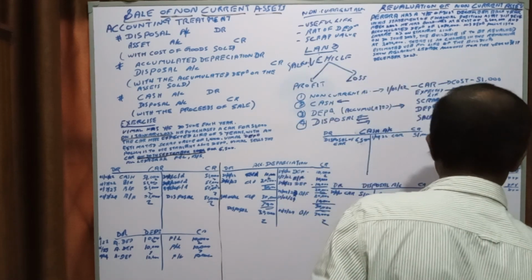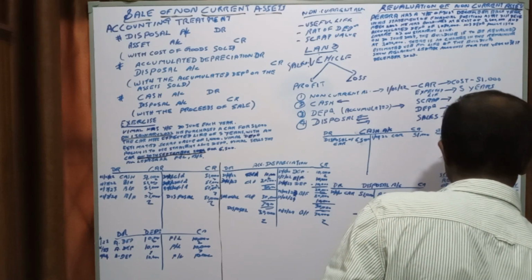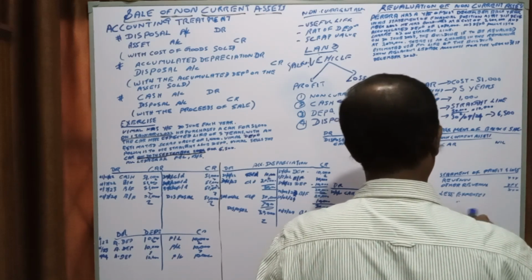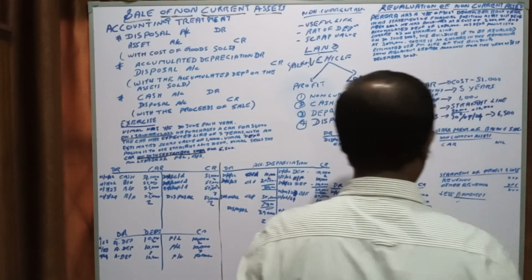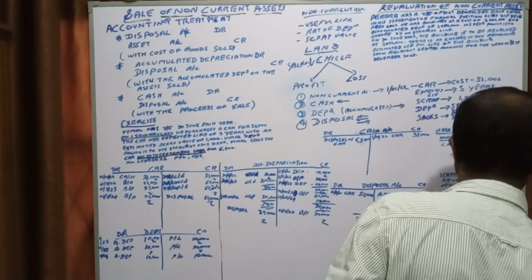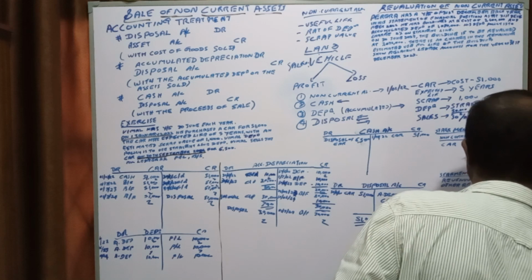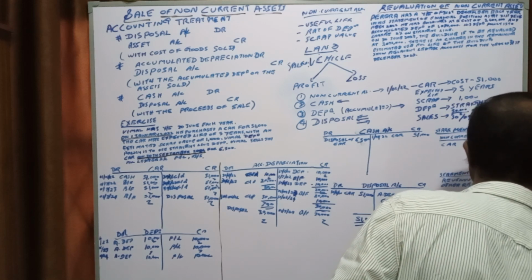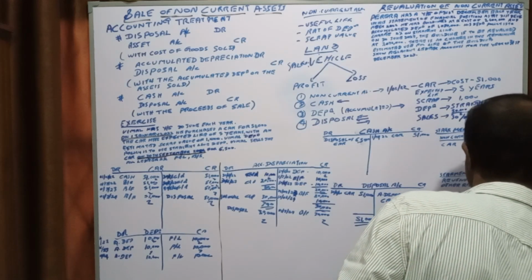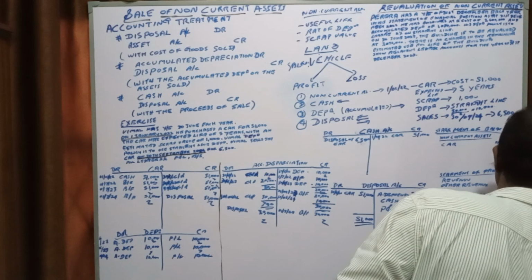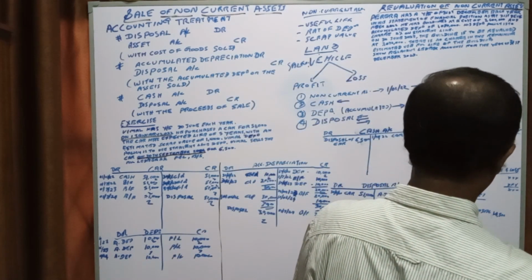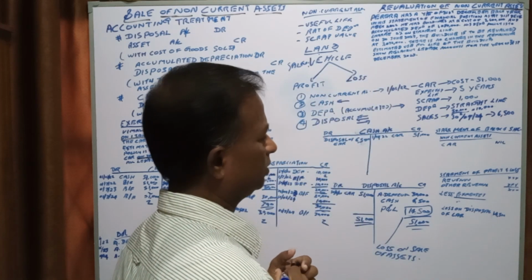Under other expenses, or distribution expenses, selling and distribution expenses, loss on disposal of car, 14,500. Under other expenses or under the selling and distribution expenses, we can show this 14,500 loss.